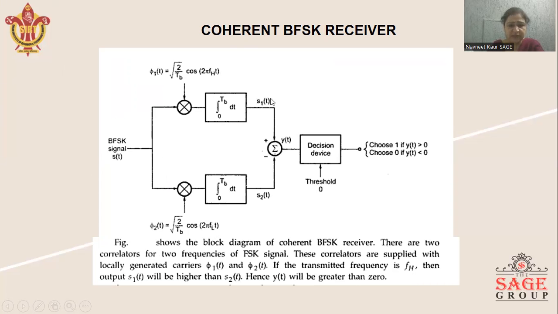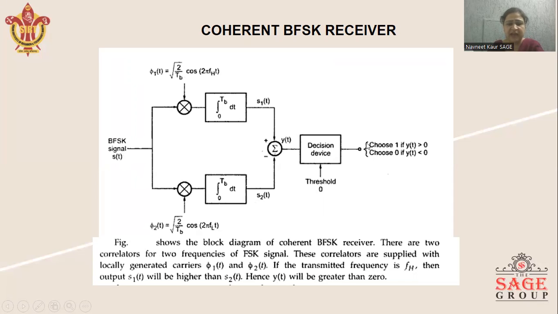So here S1T will be high, whereas S2T will be 0. So these two are subtracted and given to the decision device. If S1T is high, the output will be positive, and in that case, the message detected will be 1. Whereas if the message would have been transmitted at low frequency, in that case, S2T will be high and S1T will be 0.